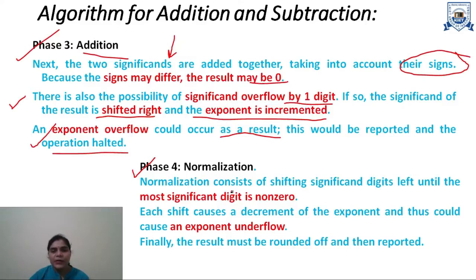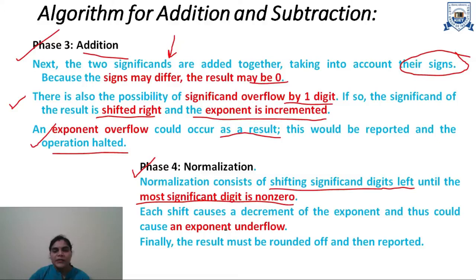In normalization, the significand digits are shifted to the left until the most significant digit is non-zero. As we studied in the previous lecture, how to normalize a floating point number. In that case, the MSB must be a non-zero value, and in the binary number system it should be 1.